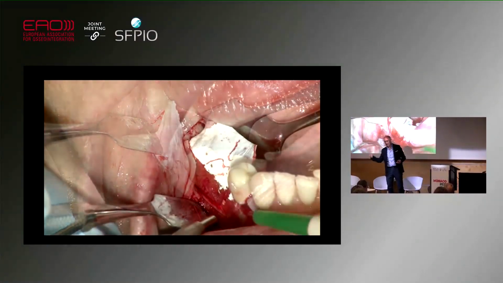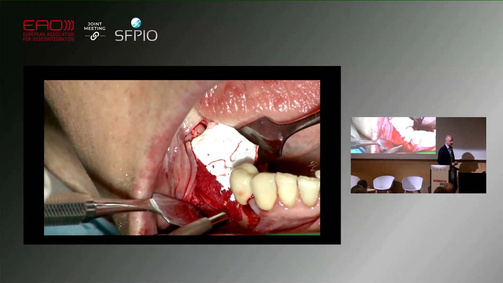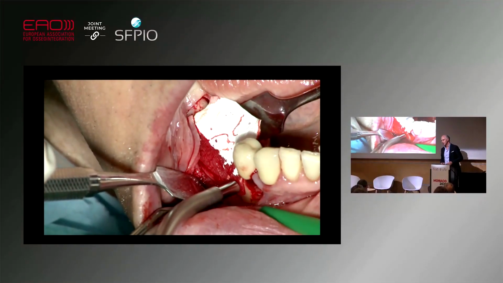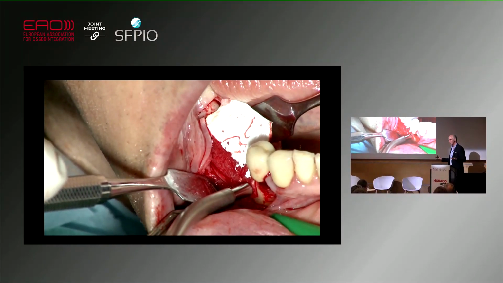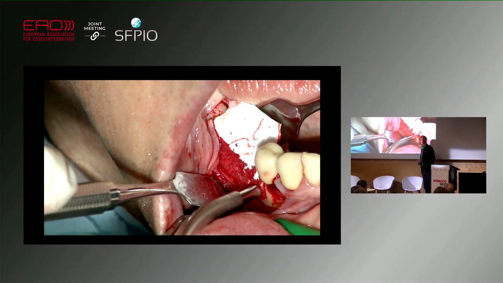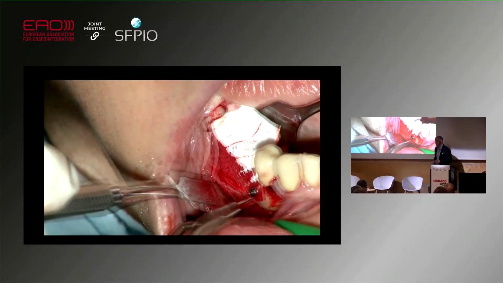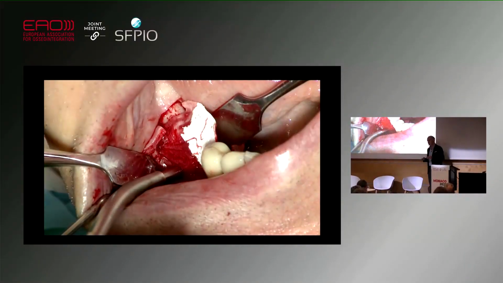Classical technique, as Istvan showed us, it's pretty much the sausage technique which we used in that context. Used the collagen membrane and then pinned the membrane on the buccal side and then filled in the material in order to do the GBR procedure as you see it here, and then closed everything over it.